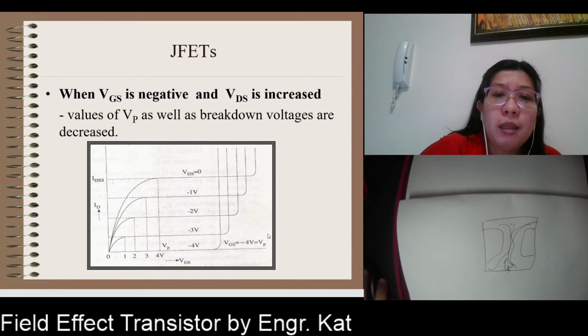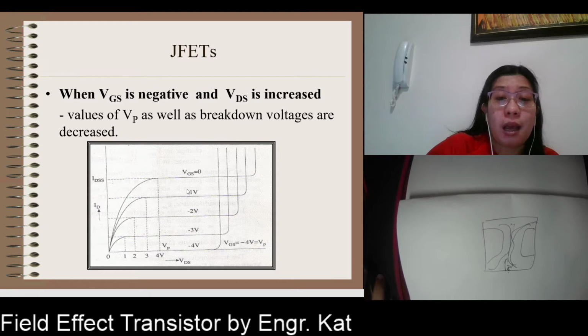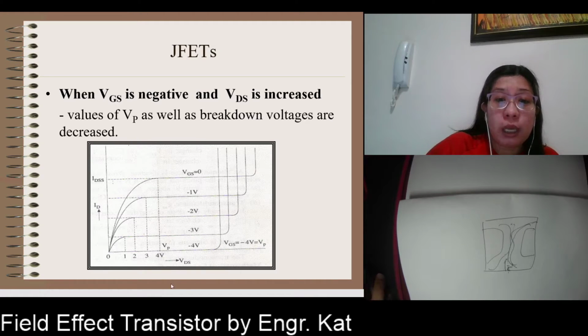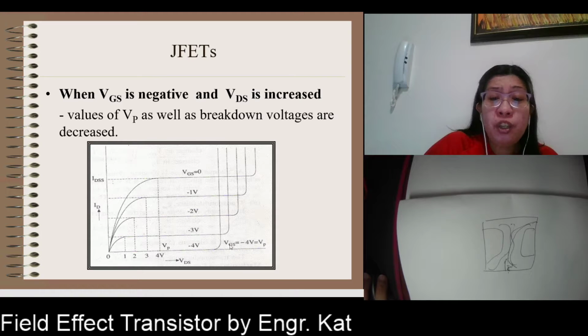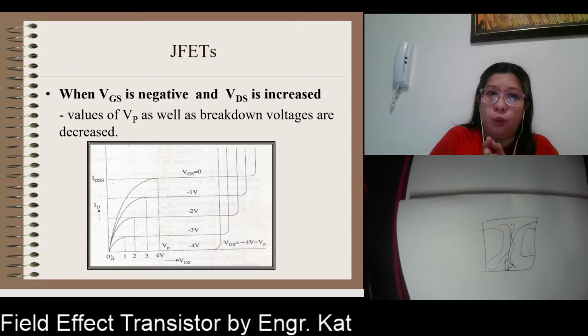Upon making your VGS more negative, the maximum current possible will be smaller and smaller, until VGS reaches your pinch off voltage. That is when your current is equal to 0 already, because the channel is being closed and current cannot be passed anymore.